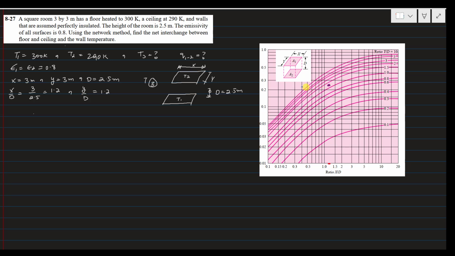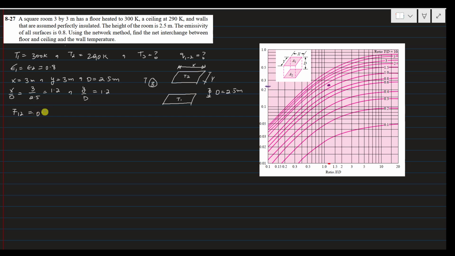So here the corresponding shape factor between these surfaces will be 0.25, as you can see from the graph.